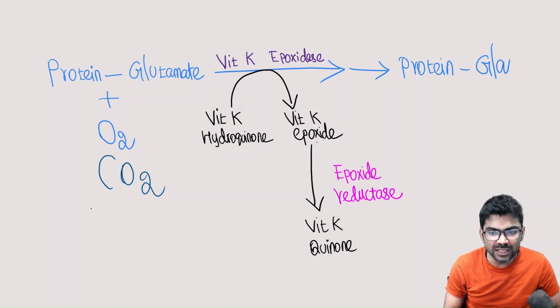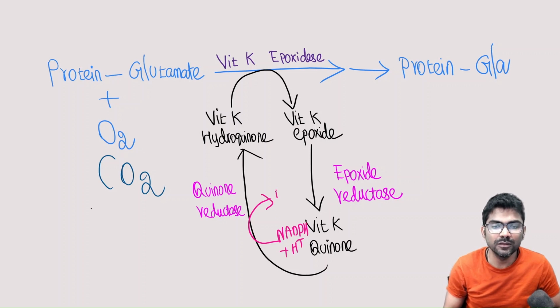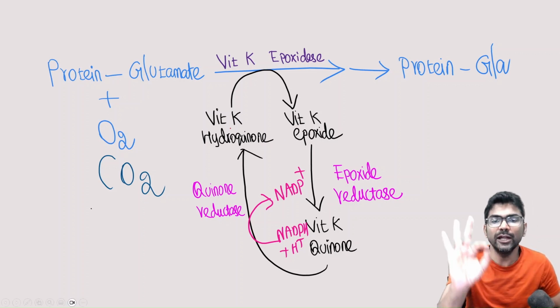It will first convert the epoxide to quinone form. Then we have another enzyme called quinone reductase, which will utilize NADPH plus H plus. NADP plus is produced. So quinone is converted to hydroquinone.